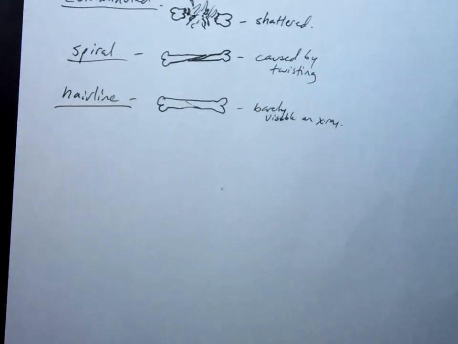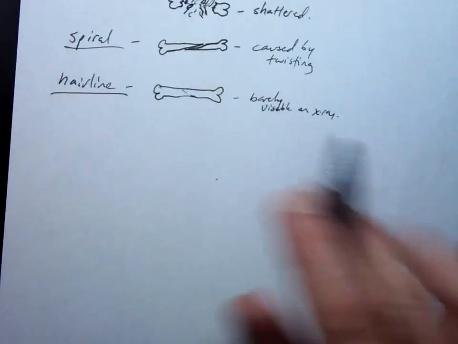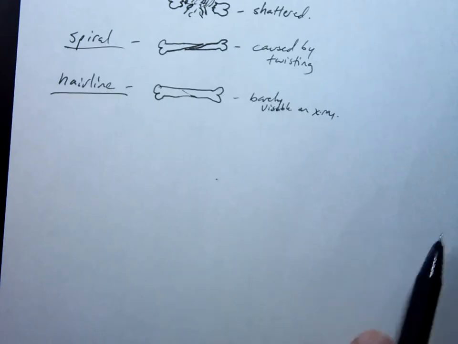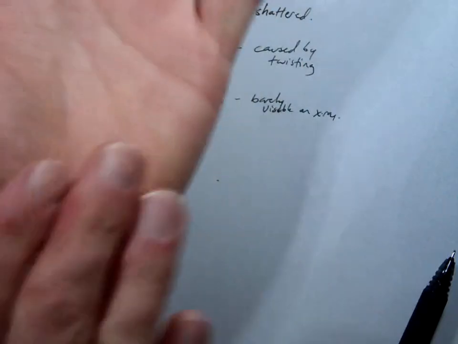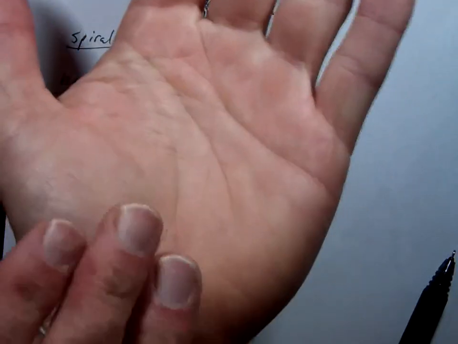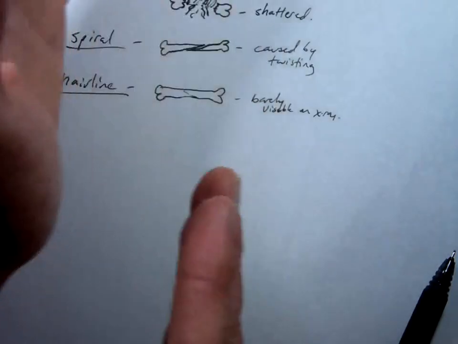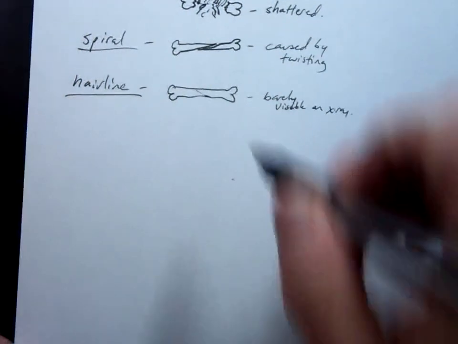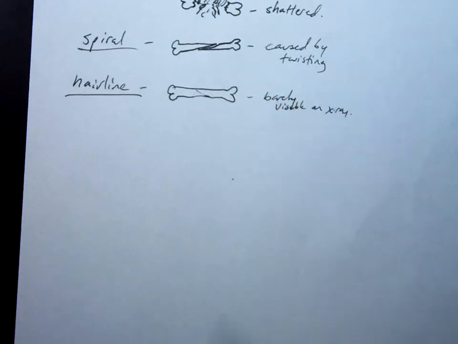Somebody asked this yesterday in lab: my brother broke his hand, and they made him move it in all kinds of weird ways while they were taking X-rays of it. Sometimes you have to move it in weird ways to get it to show up at an angle where the fracture actually shows. From one angle it looks like it's lined up, great. You turn it this way, and they're completely separated. You might have seen that on the X-rays yesterday as well. But hairline is tough to see.